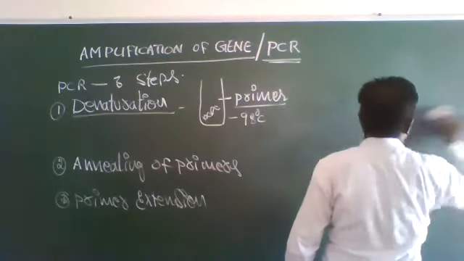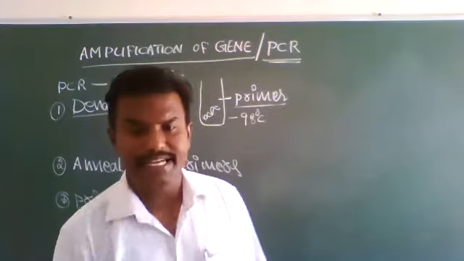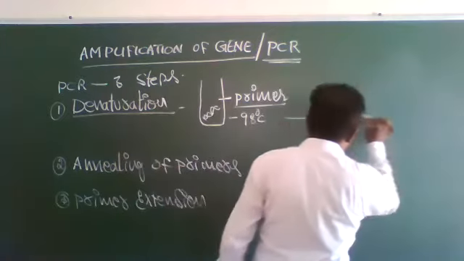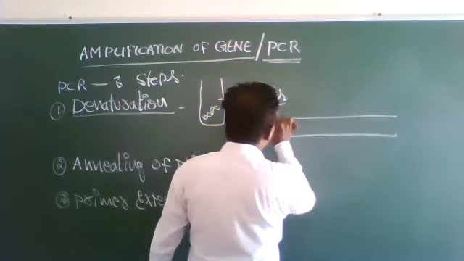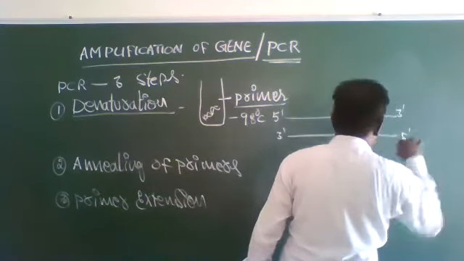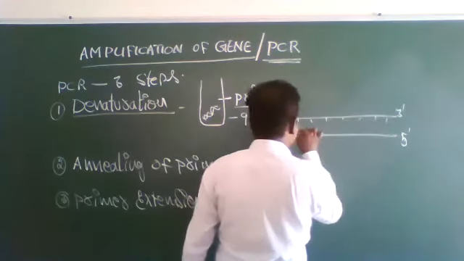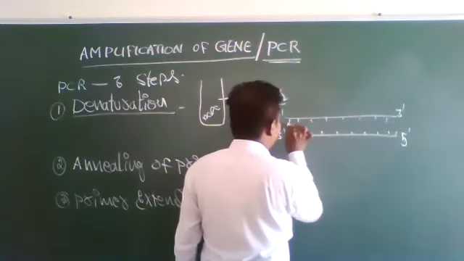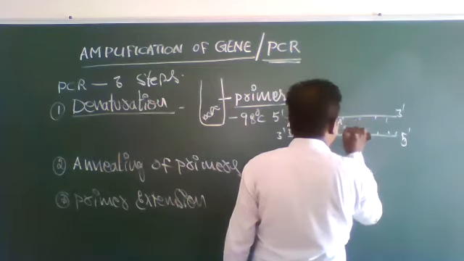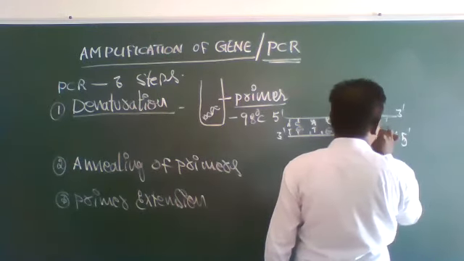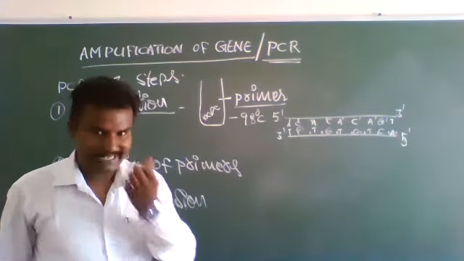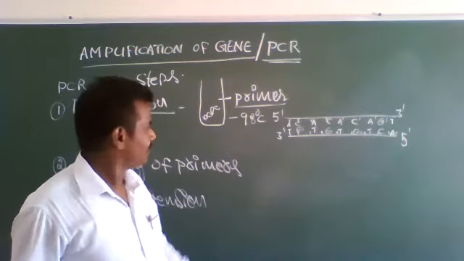When it is heated to 98 degrees centigrade, the double-stranded DNA, 5 prime to 3 prime and 3 prime to 5 prime, is affected. In the double-stranded DNA the bases are complementary: adenine, thymine, cytosine, guanine, and so on.